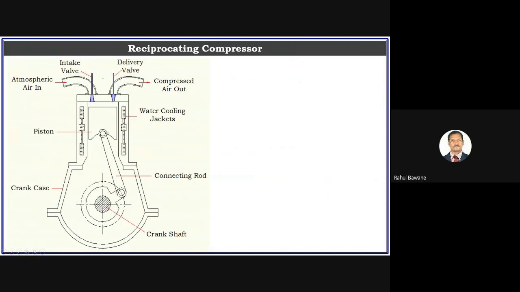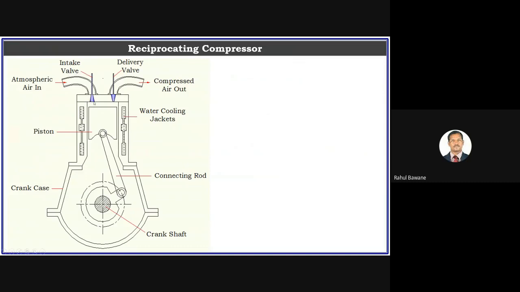So that is double acting. Now, in the basic construction, there is an intake passage from where we suck in atmospheric air. Normally intake is at atmospheric pressure, so P1 is always atmospheric pressure. Then there is an intake valve.